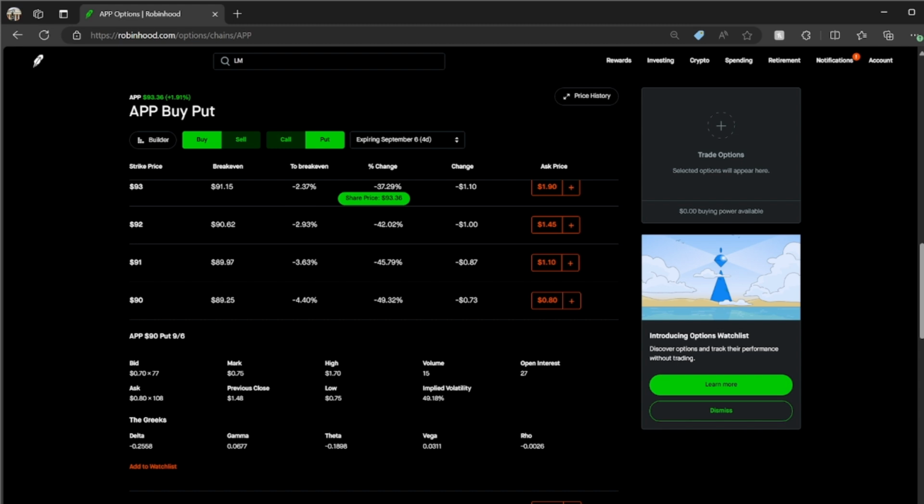Option put sellers are wanting to sell 108 at the $80 strike limit. And so that's a 10 cents difference. And so the mark at that 75 is where the trades are currently being executed at. The implied volatility, a bit higher than the Google one, not crazy.